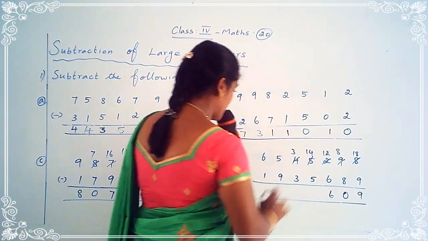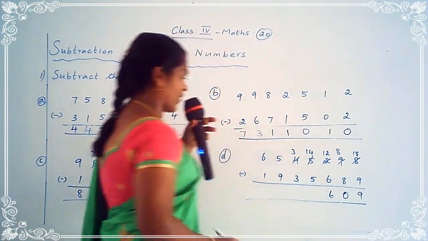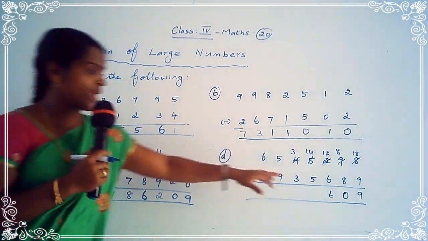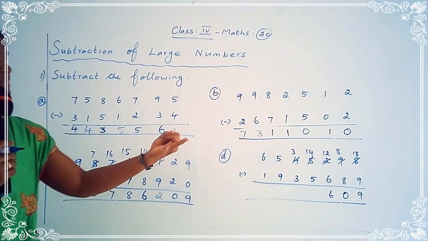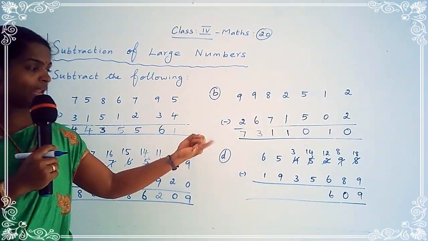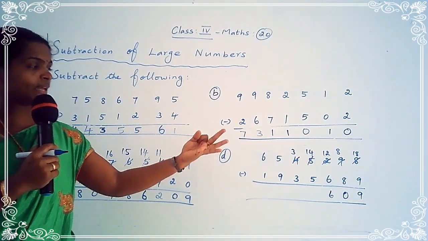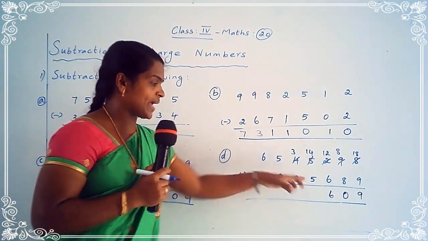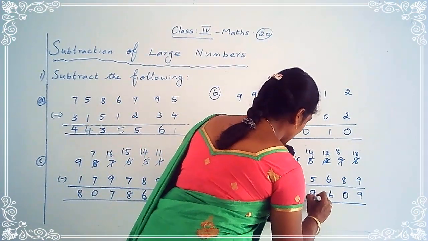Clear? Now you subtract 14 minus 5. 5 after 6, 7, 8, 9, 10, 11, 12, 13, 14. How much? 9. So 14 minus 5 is equal to 9.